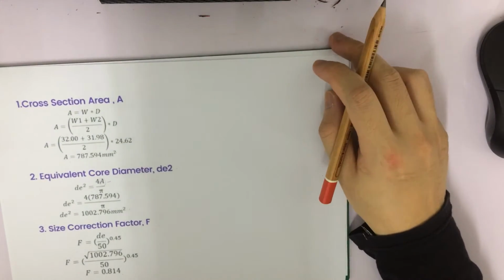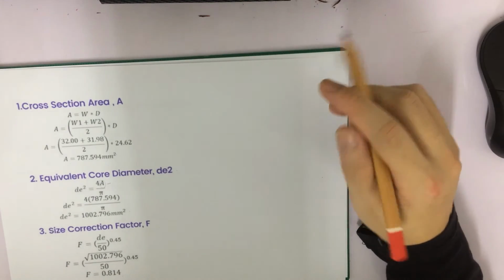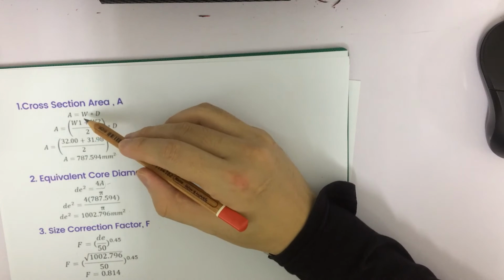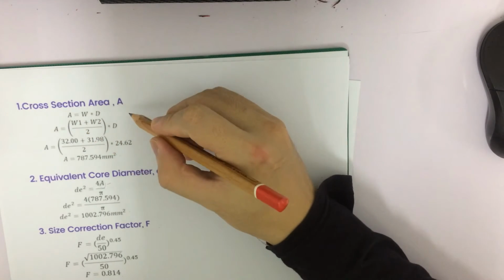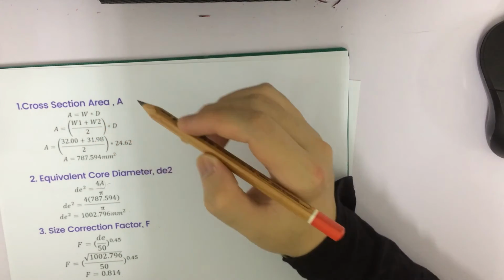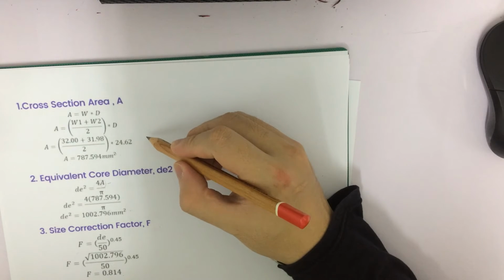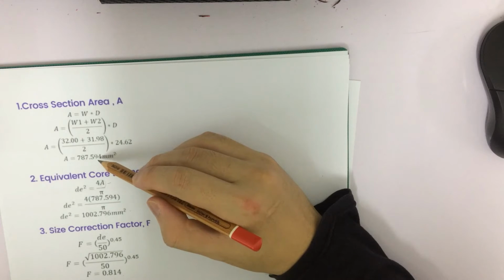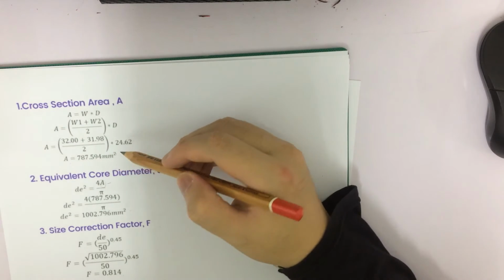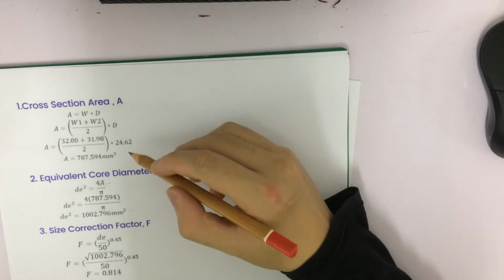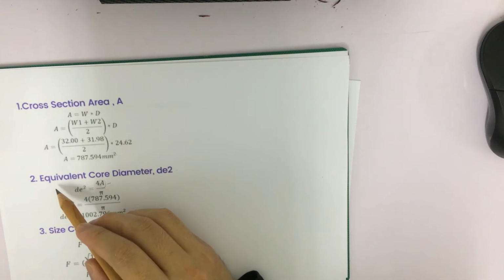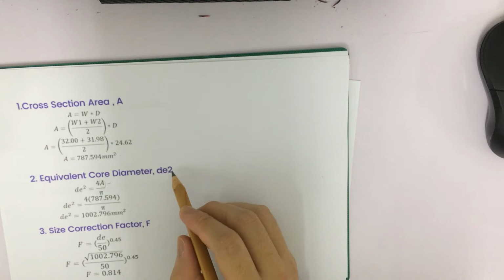From here, we can get our calculation for cross-section area A. Cross-section area A is equal to W times D. From here, we get our cross-section area as 787.59 millimeter square.